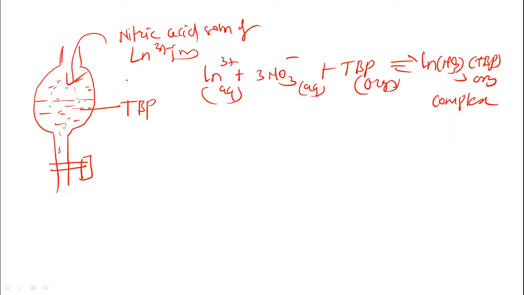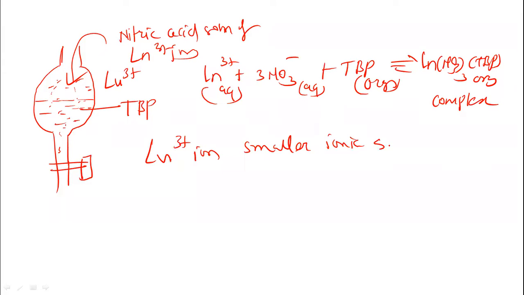Suppose the first lanthanide ion which is extracted here is the lutetium tripositive ion, because it has the smaller ionic size. All of us know the lutetium tripositive ion has a smaller ionic size.